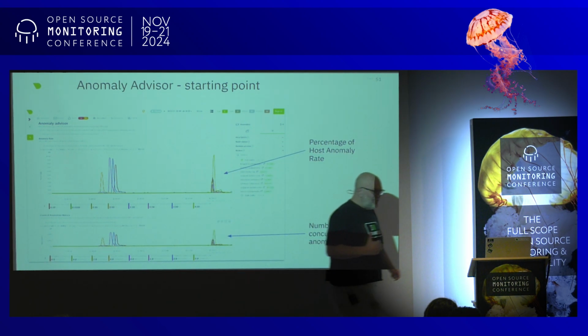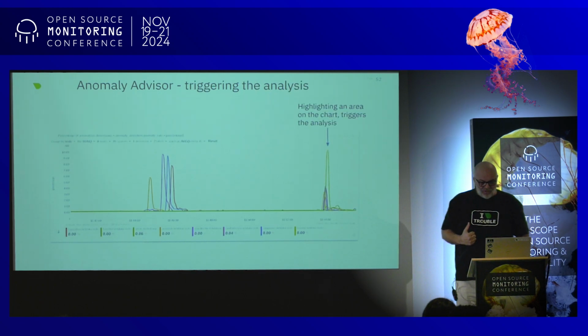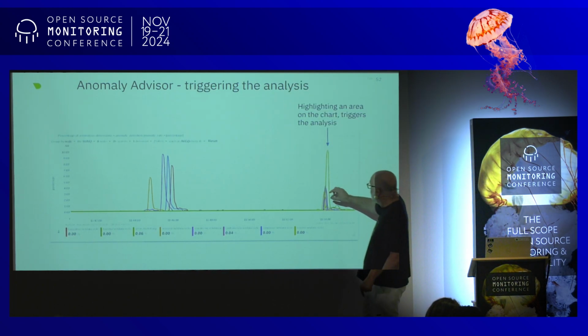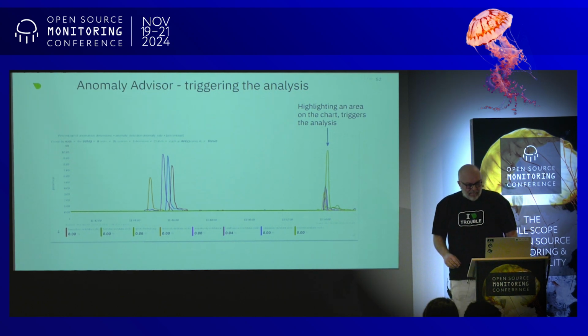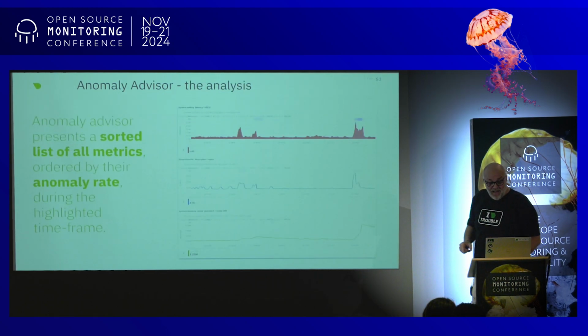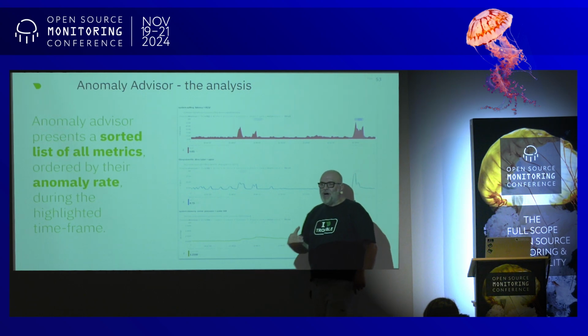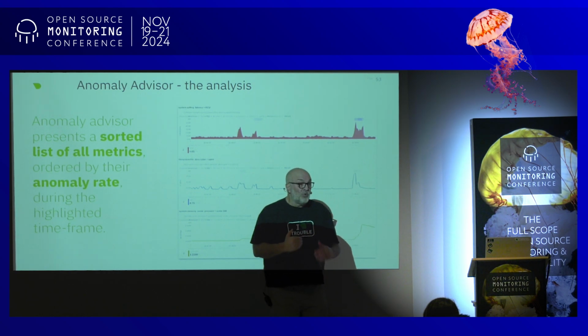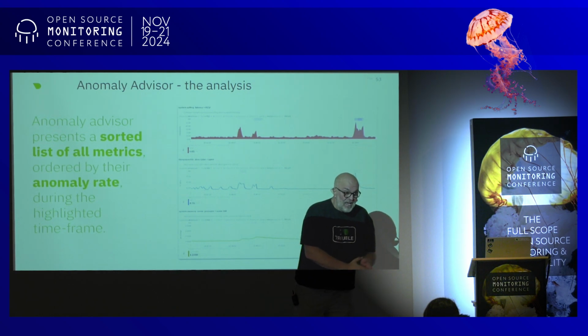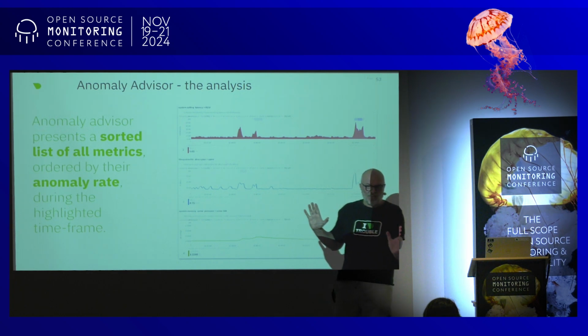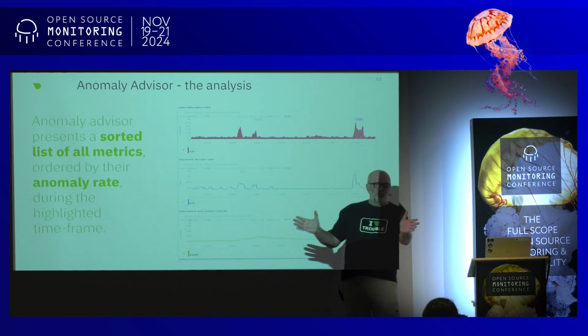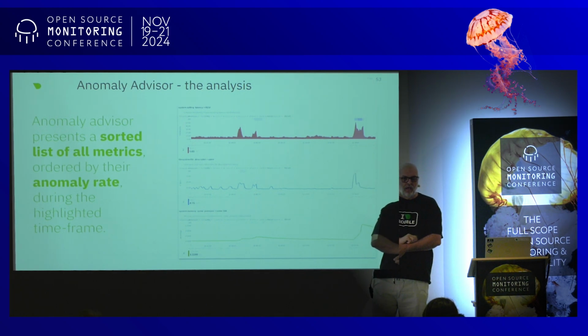So we created a tool, we call it Anomaly Advisor, where you highlight an area, and you actually get an ordered list of what is anomalous, what is most relevant. Now, look what we changed with this. How do you usually troubleshoot in observability? You have a problem.